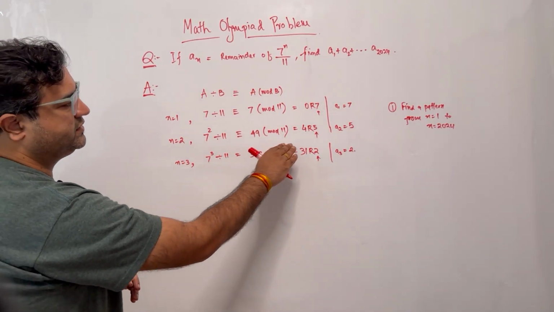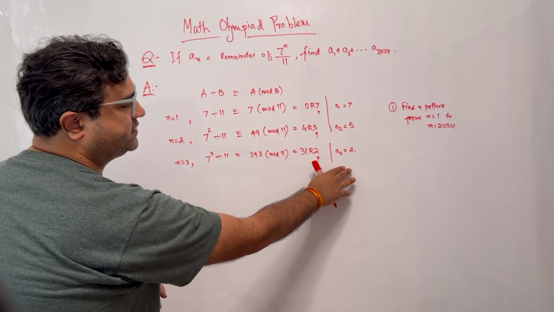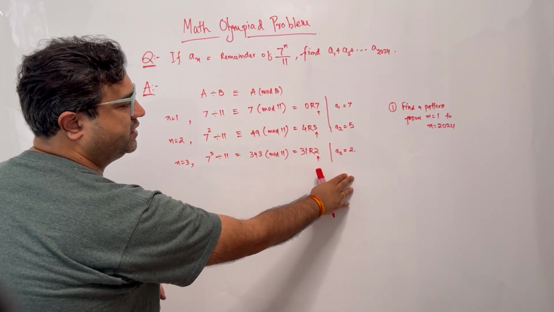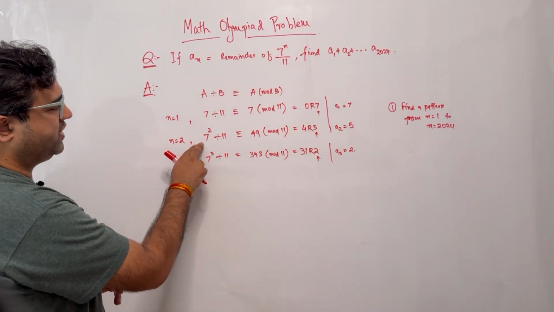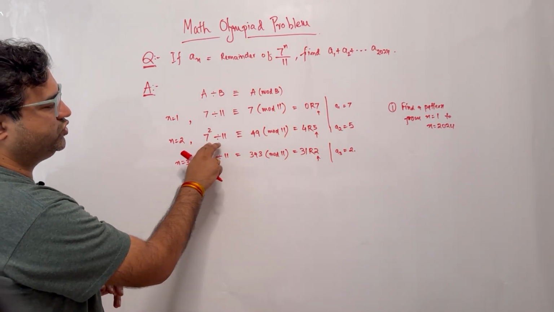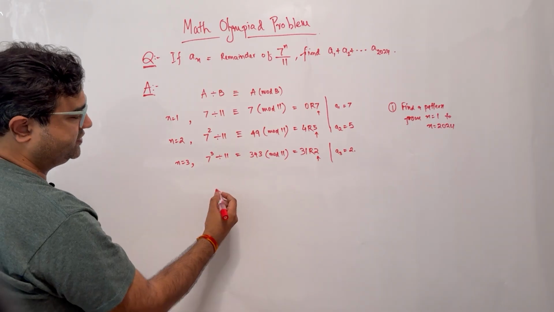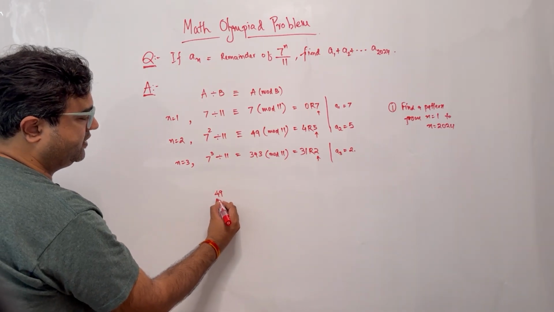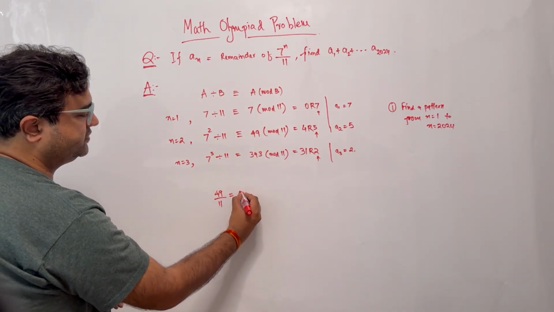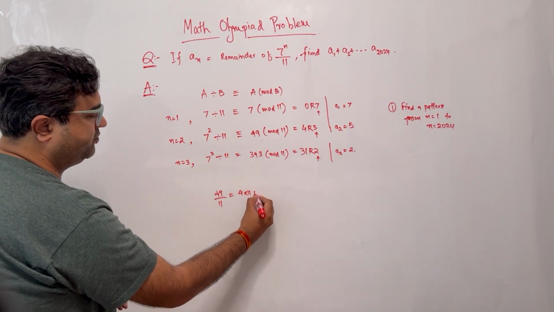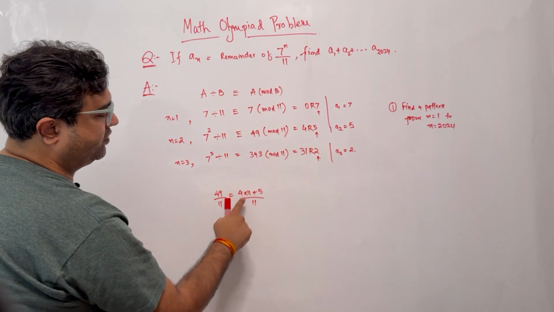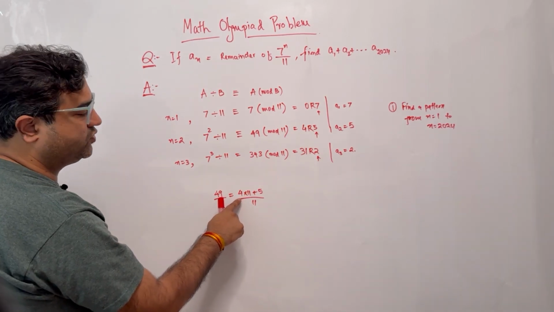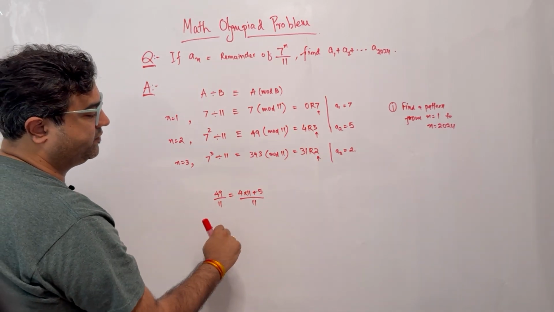Is there a way that we can find the next remainder based on the previous remainder? If we look at n equals 2, we have 49 divided by 11 is 4 times 11 plus 5 by 11, which is what I have written here. So 4 is the quotient and 5 is the remainder.